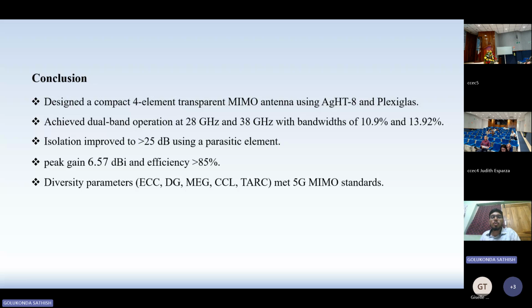Isolation improved to greater than 25 dB using a parasitic element. The peak gain is 6.57 dBi and efficiency is greater than 85%. The diversity parameters ECC, DG, MEG, CCL, TARC meet 5G millimeter wave MIMO standards.